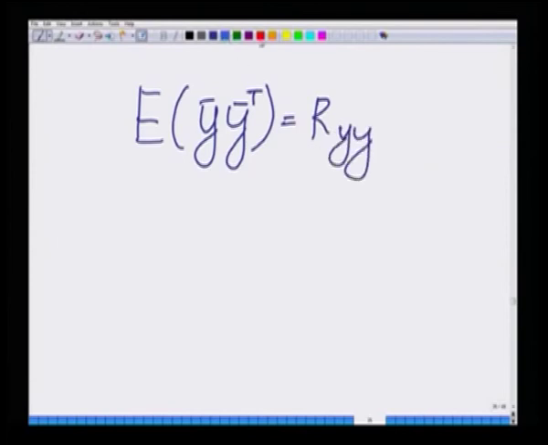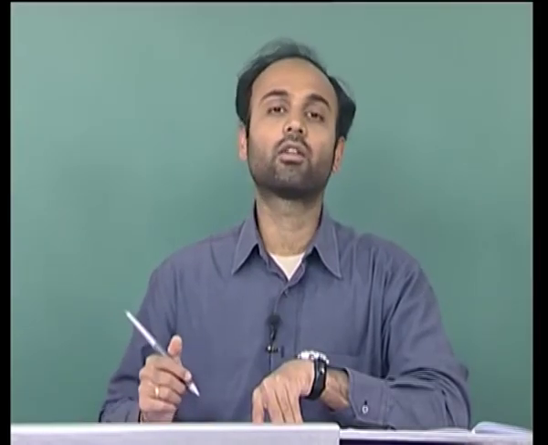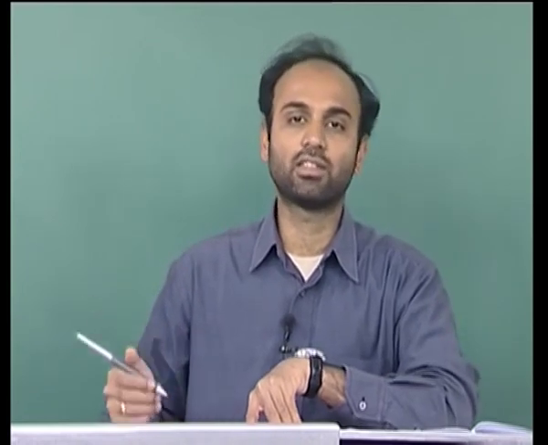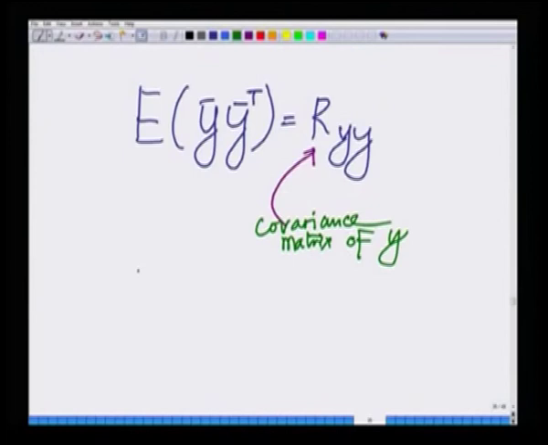This is nothing but the covariance matrix of y. I need this covariance matrix because we are going to look at the expected value of these quantities. So, I am looking at the covariance, which is a statistical parameter of the system, that is, the covariance matrix of the output.